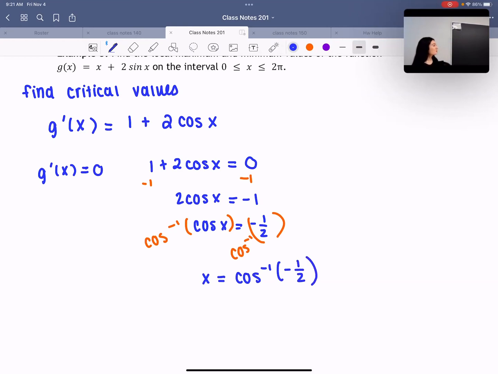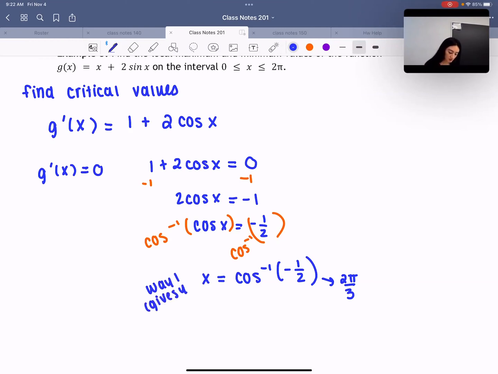You can type this into your calculator, but I'm pretty sure your calculator is only going to give you one answer. So doing inverse cosine is okay, but if we're on a bigger interval, Michael's method might be a little bit better. This will probably give you 2 pi/3 in your calculator. It won't give you the other one in the interval that you want to find. So this is way 1.